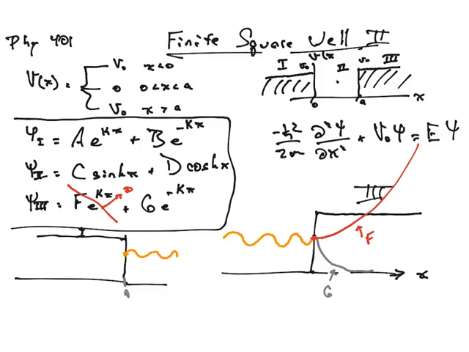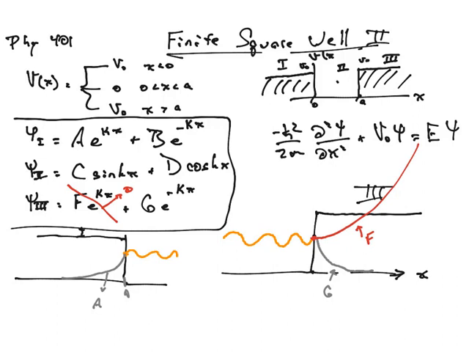When we stick the a term in with negative numbers, that's the same as saying e to the negative kappa x, he's going to go with exponential decay. Okay, so that's the a term. It's kind of weird because it's a positive exponential, but you have to remember that in this region, all of our x's are actually negative numbers. So it's really an exponential decay when we plug the numbers in.